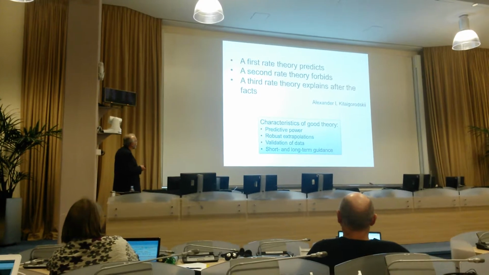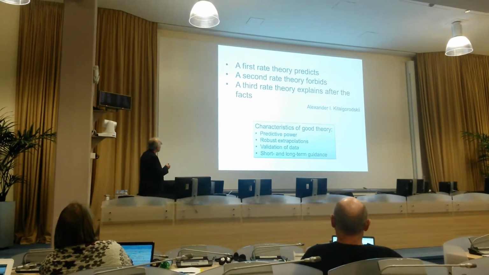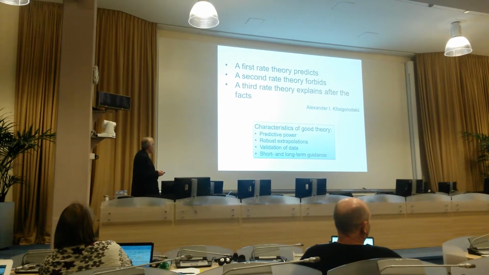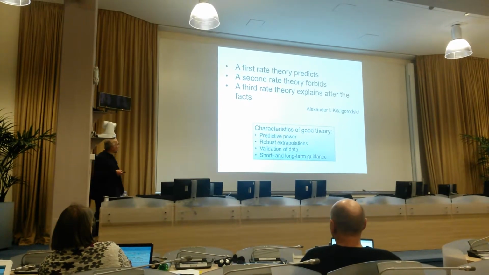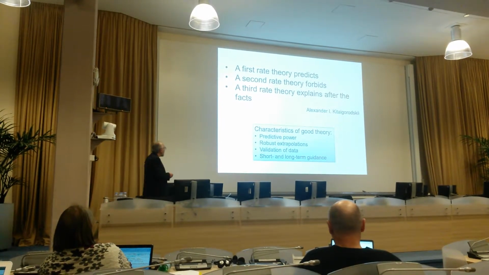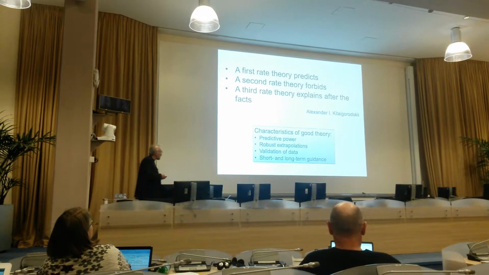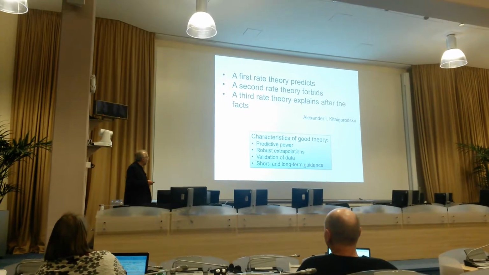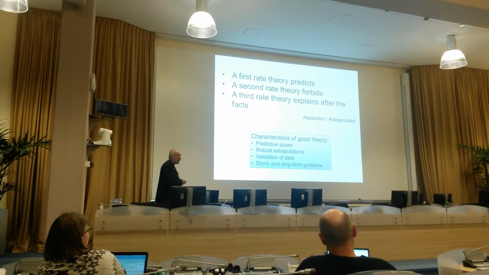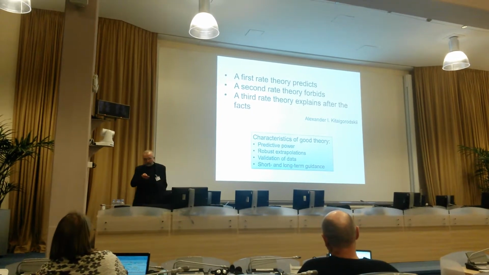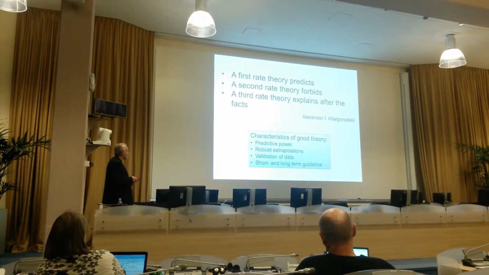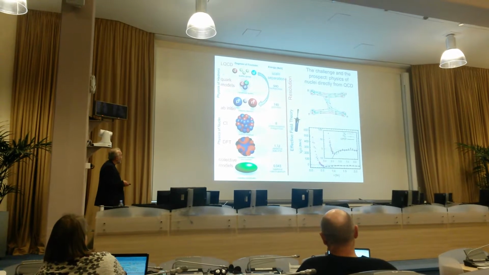Okay, so the goal, of course, is to develop first-rate theory for the atomic nucleus, which will be predictive, which will allow robust extrapolations, which will allow validation of data, and most importantly, will provide guidance, short and long-term guidance. Okay.